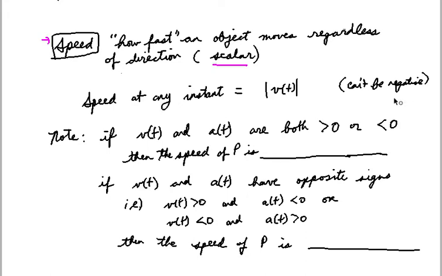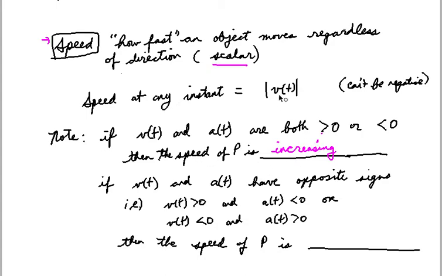Here's a note about interpreting when speed is increasing or decreasing. If I have a positive velocity and a positive acceleration, then the speed will be increasing. The speed, the absolute value of the velocity, will be increasing.